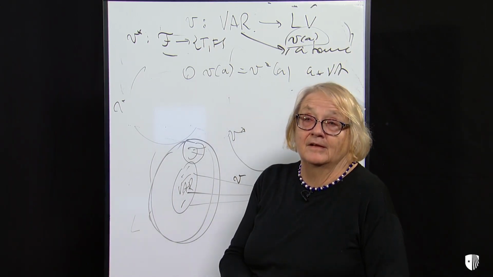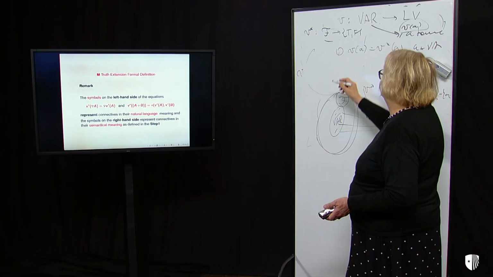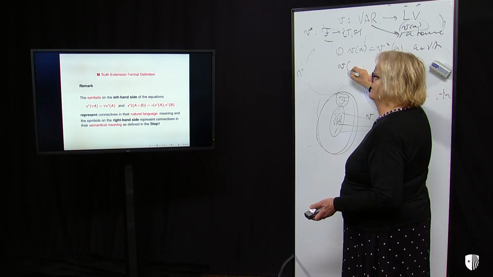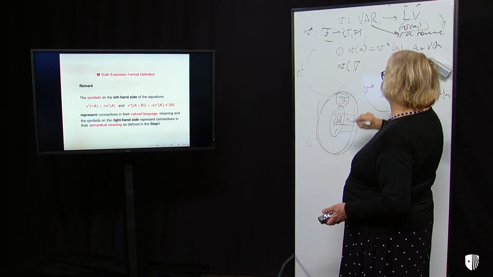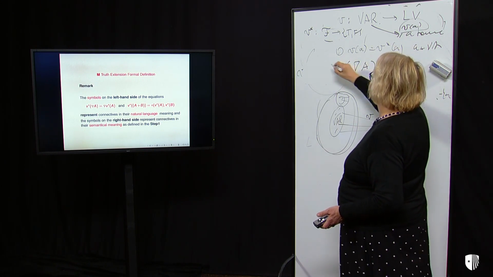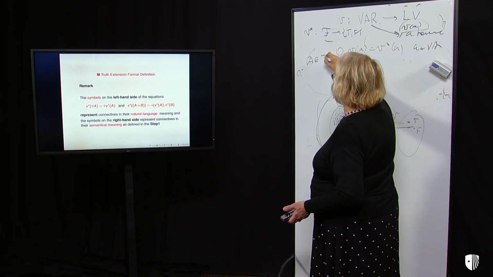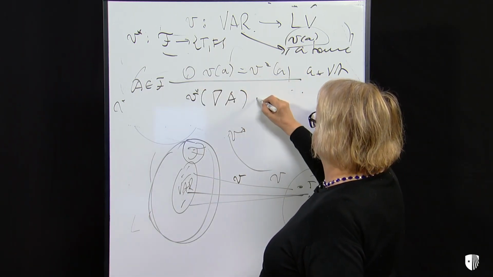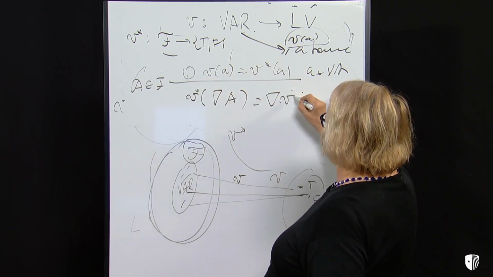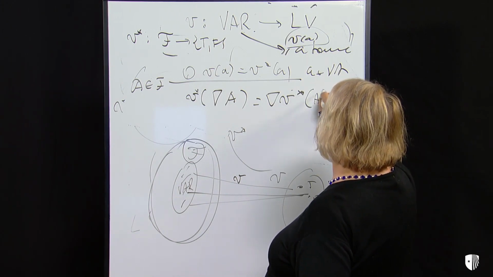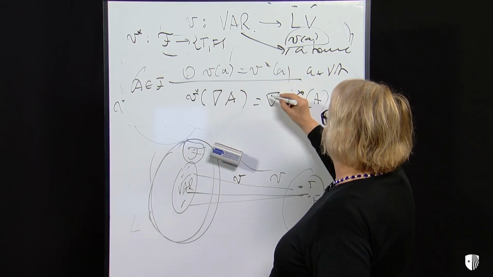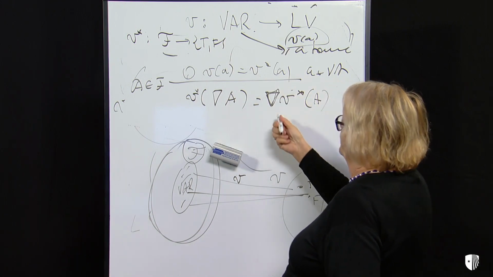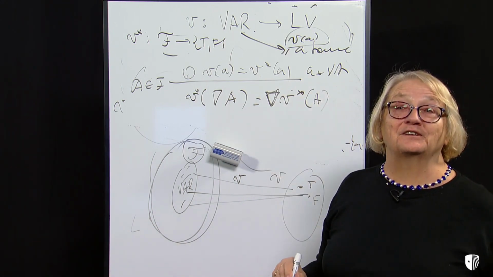And now V star of, I have a one-argument connective. A now is any formula, so you do it recursively. V star of the connective on A is star connective on V star of A, because I already defined that connective.